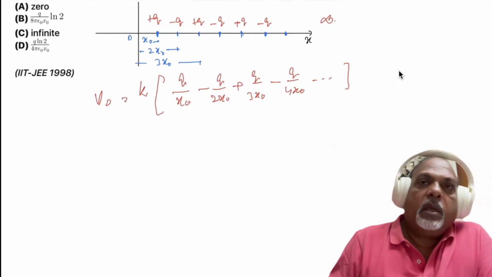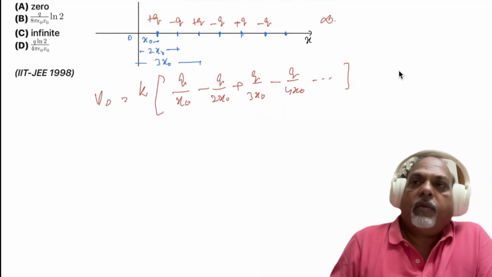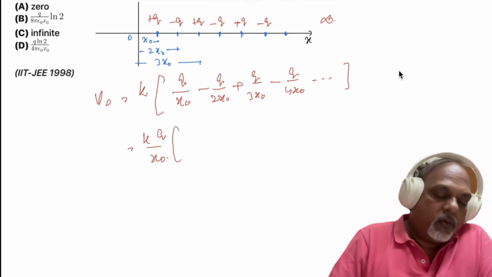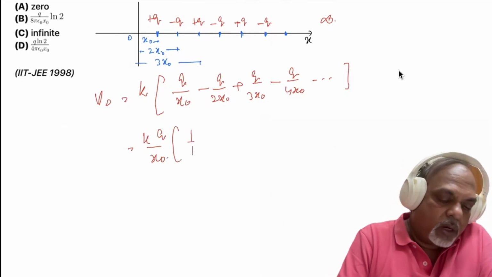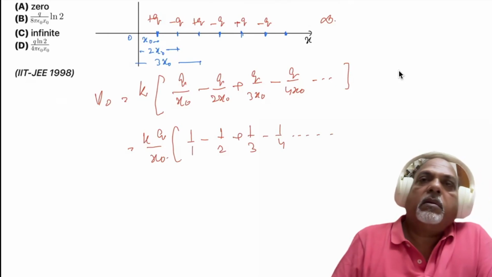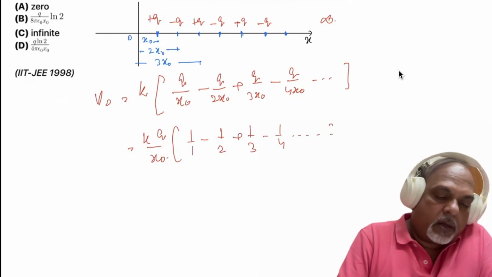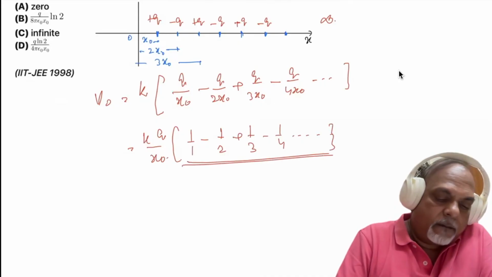This will be the series we will be getting. Correct? If we take q upon x0 common, then we can write this as 1 minus 1 by 2 plus 1 by 3 minus 1 by 4, like that.